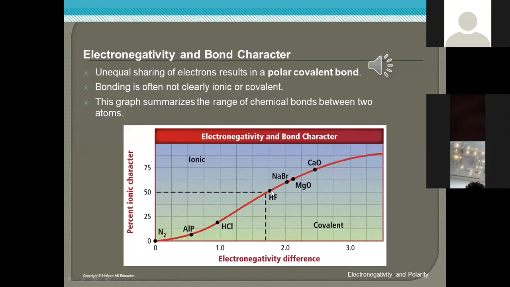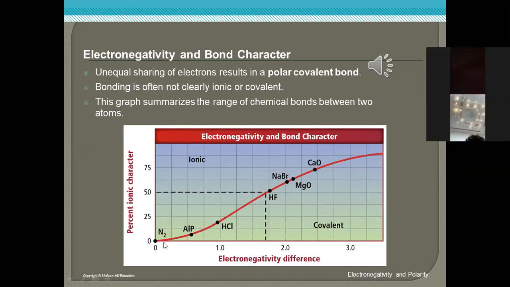After that NaBr, MgO, CaO, and so on. So this is a range graph. CaO, calcium oxide: the difference in electronegativity between its atoms is very high. Why? Very high.